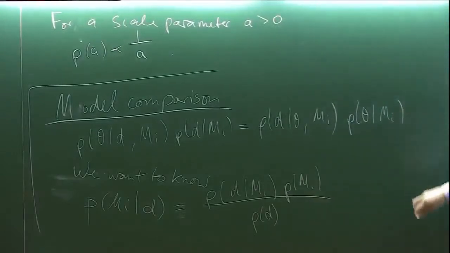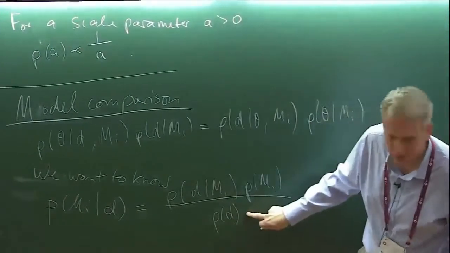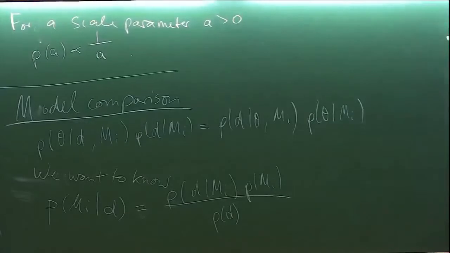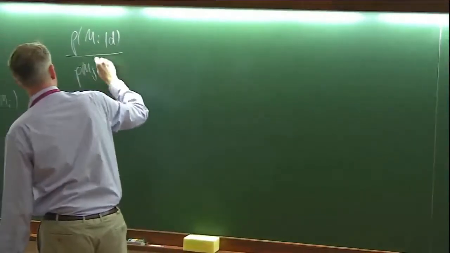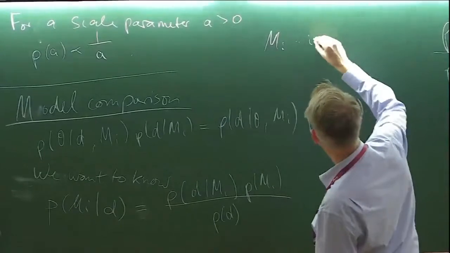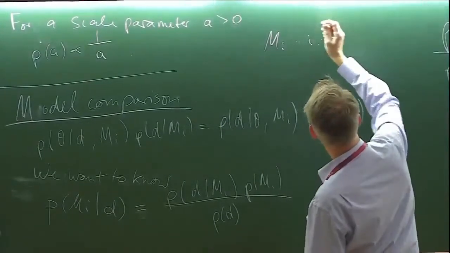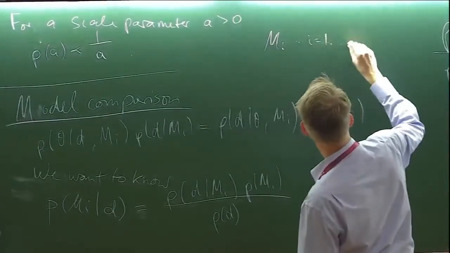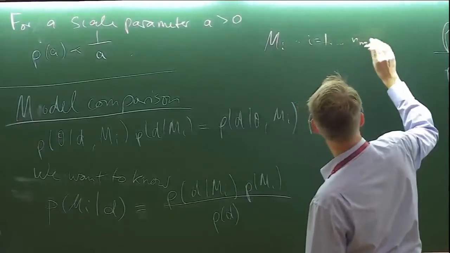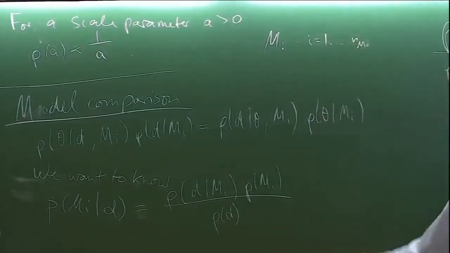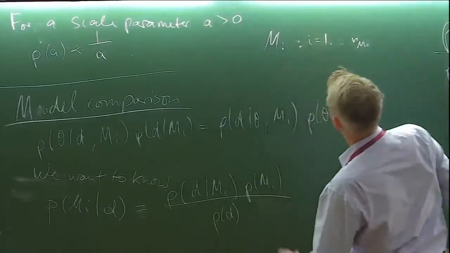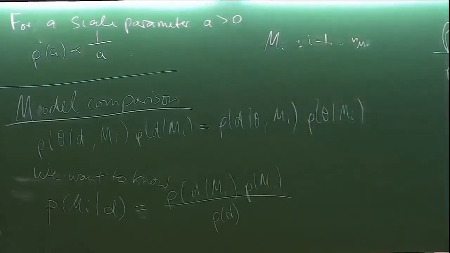That means I can get out of the question of what this is, because I can just write the relative probability of model I and model J, in my model space, where we have models Mi, where I goes from 1 to n models. So this is my set of models.